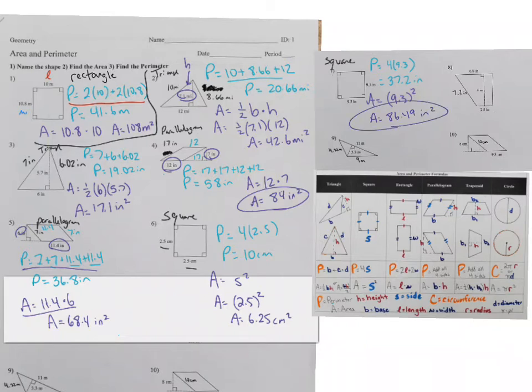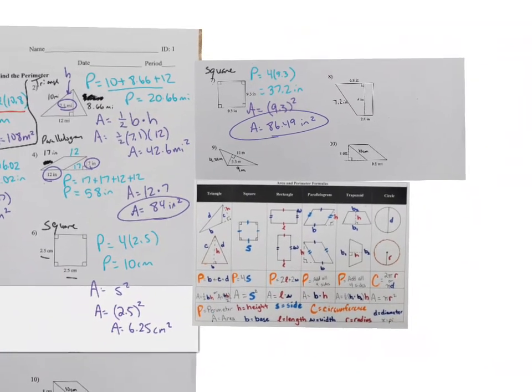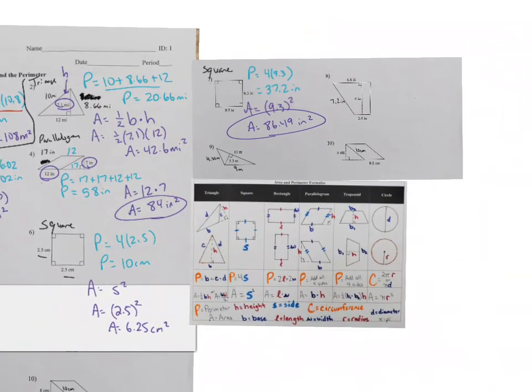All right. 9 is a triangle. Oh, I'm sorry, I'm skipping 8. I'm going to move everything over just a little bit. So 8 is a trapezoid. If I look on here, the trapezoid formula says add all 4 sides together. So this side is also 6 inches. All right.